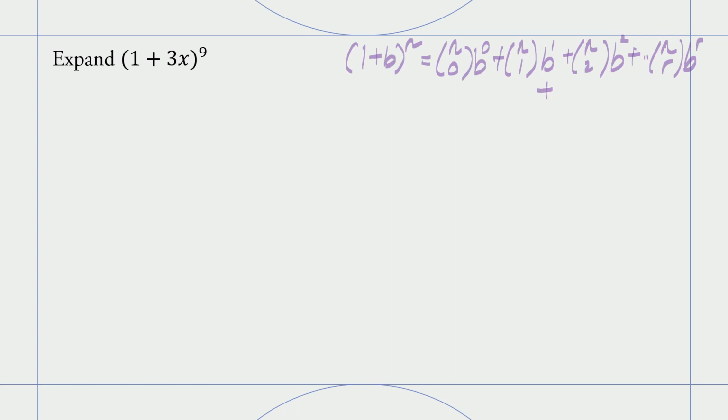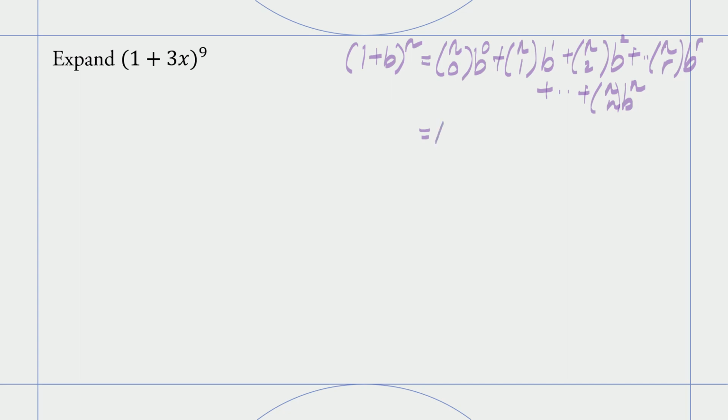You are ready to do an example using the theorem. Let's write down the theorem first. Alright, we're going to simplify it because earlier on we understood that nC0 gives you 1 and b to the power of 0 will be 1.